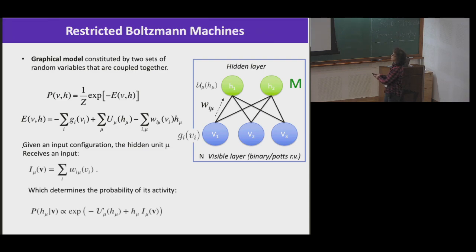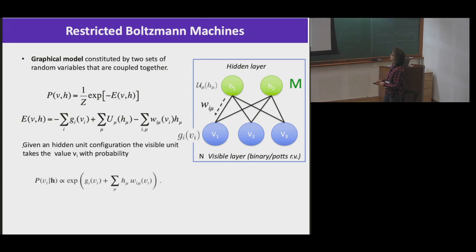So the projection of the visible configuration on the hidden layer determines this input to the hidden variable. So for each hidden variable, you will have an input which depends on this weight vector, and this in turn determines the probability of activation of this hidden unit.